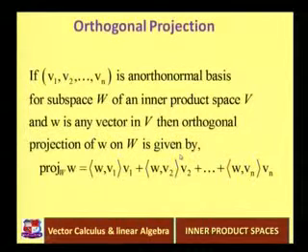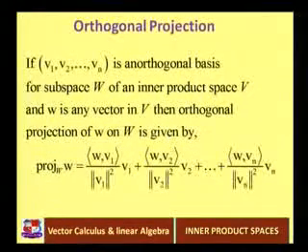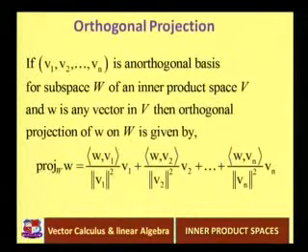Students can easily see how we define the orthogonal projection on the subspace W. Now if the vectors v1 to vn form an orthogonal basis for subspace W, then how do we define the orthogonal projection?